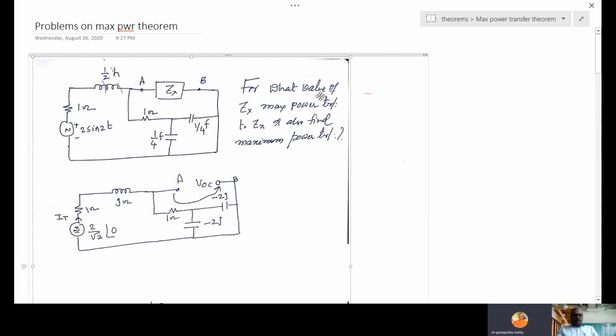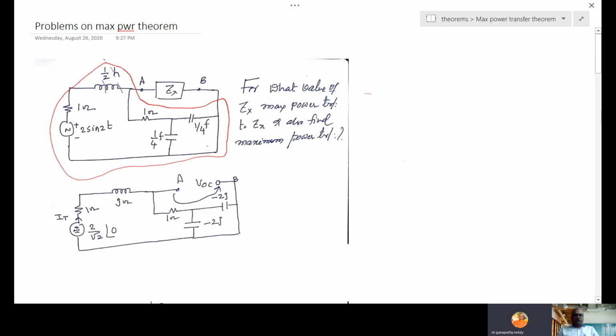This is the question. The load is connected across AB, so looking from AB, this total portion I have to replace with the Thevenin equivalent.